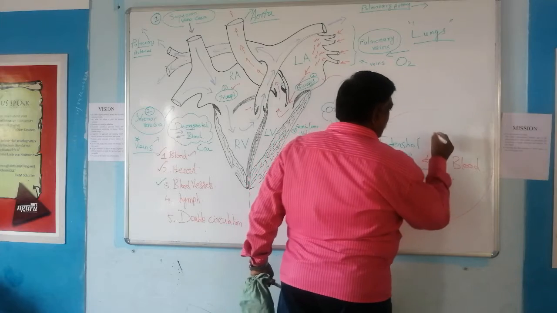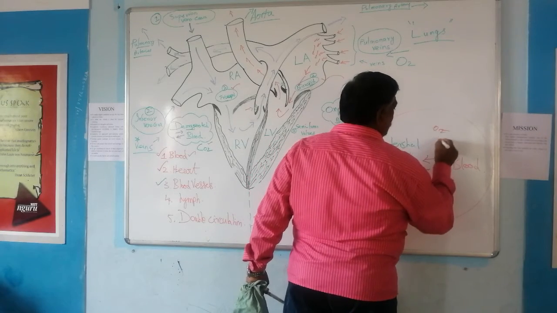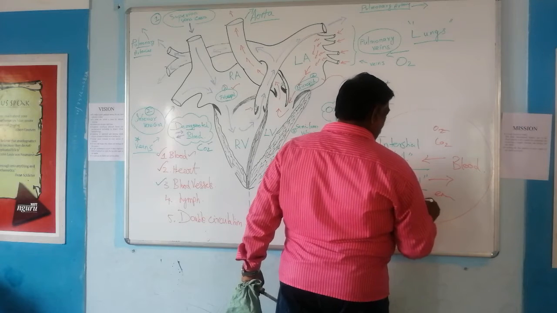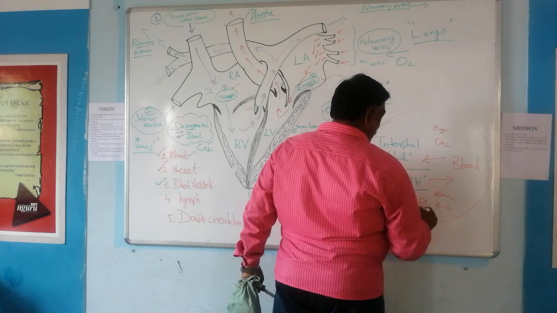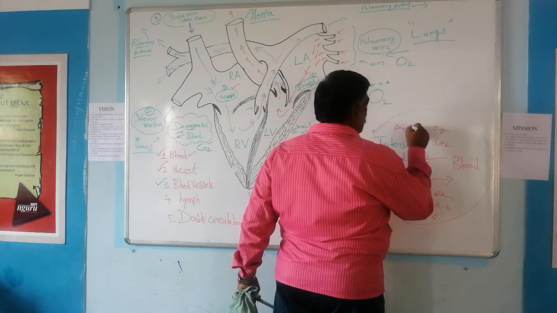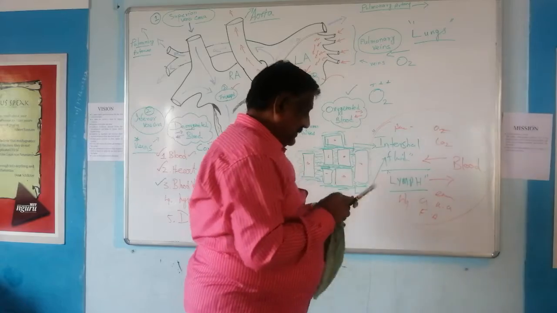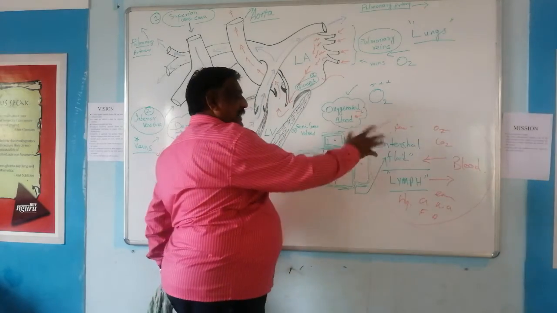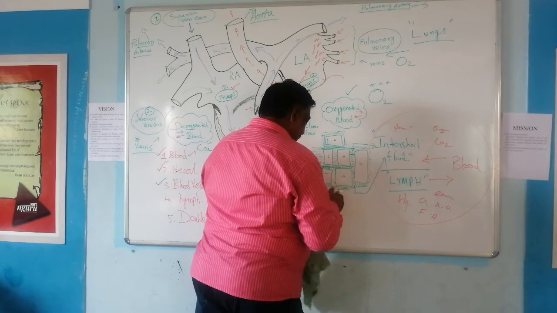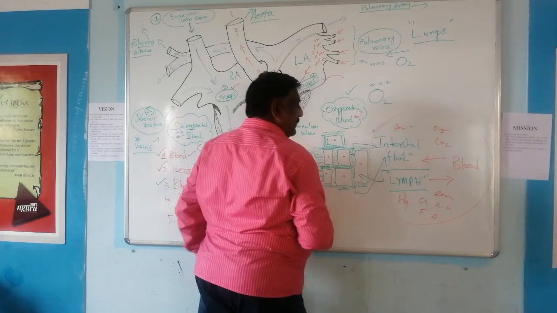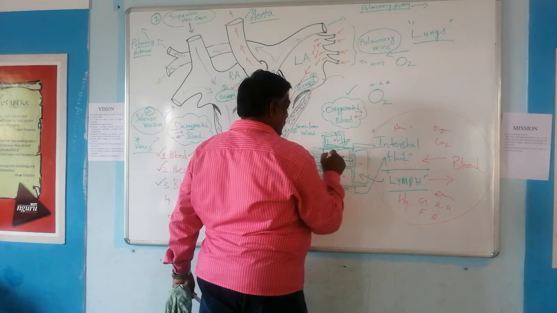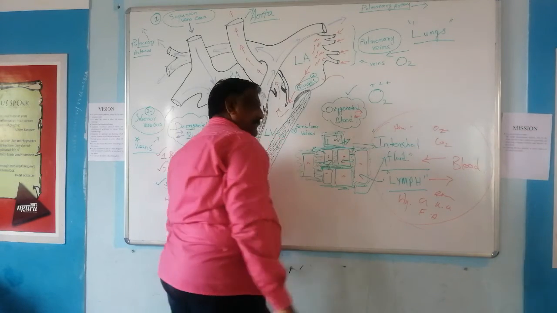Any exchange, say carbon dioxide, oxygen, enzymes, glucose, amino acid, fatty acid, glycerol, hormones, everything is exchanged between the blood and the lymph, and from the lymph only it enters or leaves the cells.